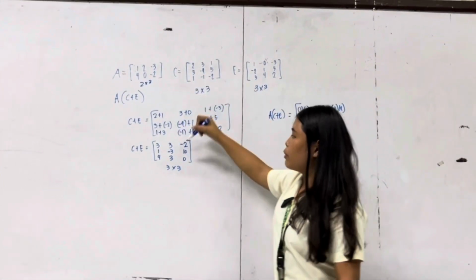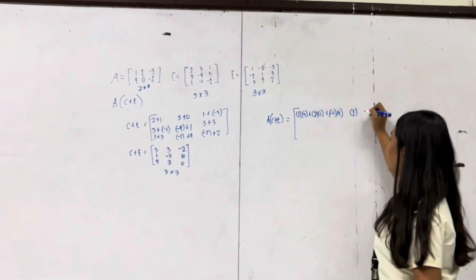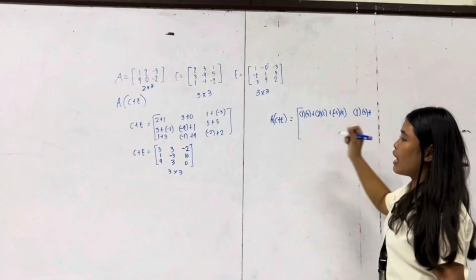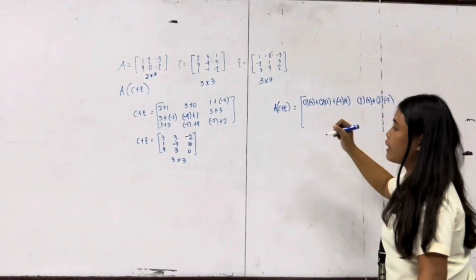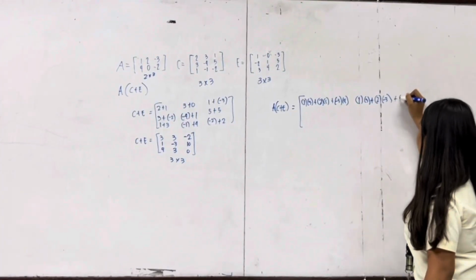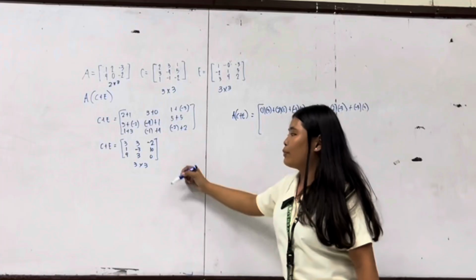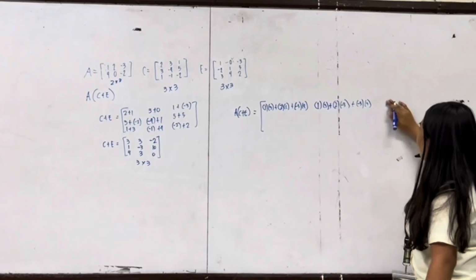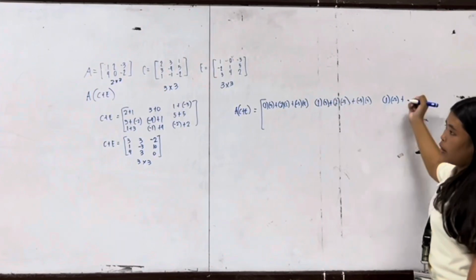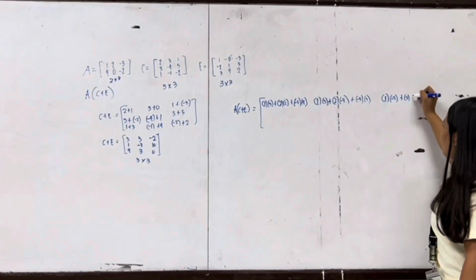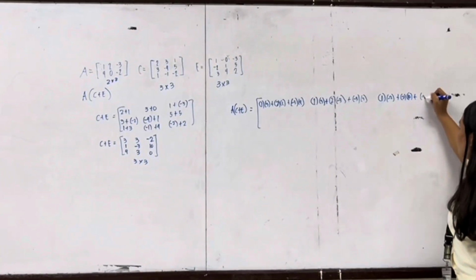Again, row 1 to column 2: 1 times 3, 2 times negative 3, and negative 3 times 3. Last is row 1 to column 3: 1 times negative 2, 2 times 10, and negative 3 times 0.